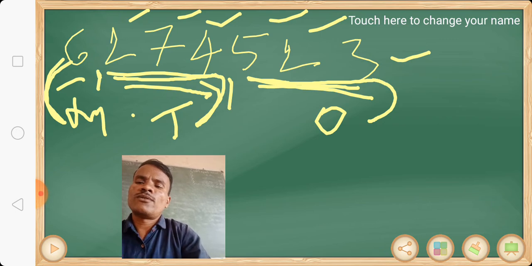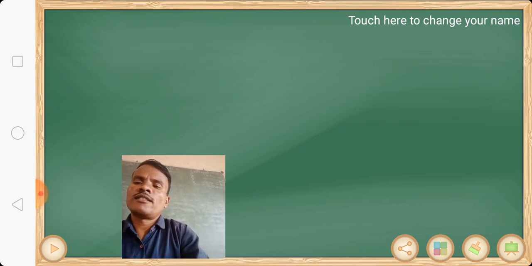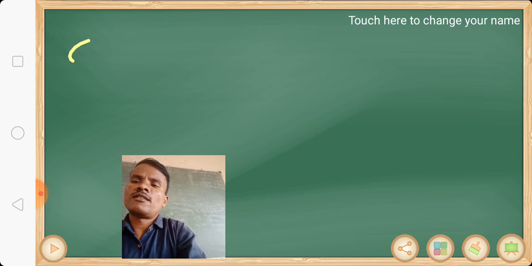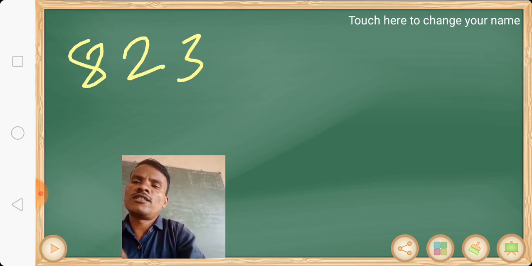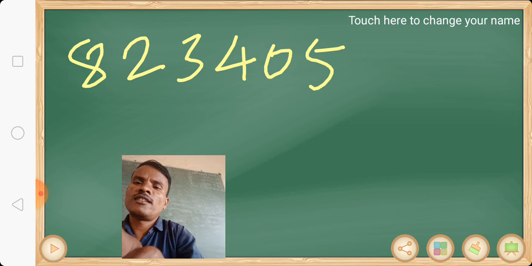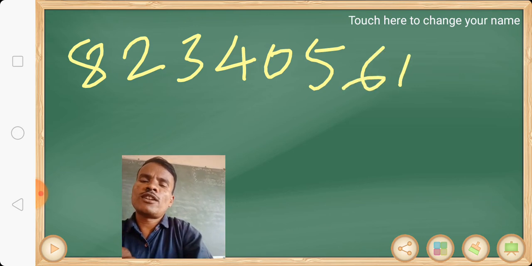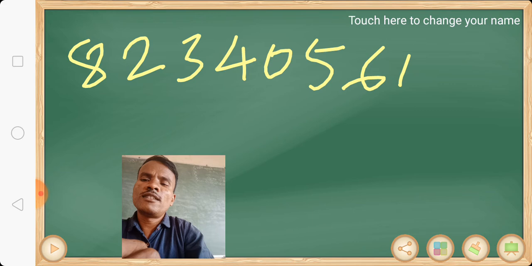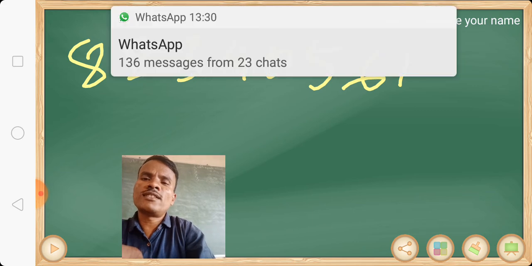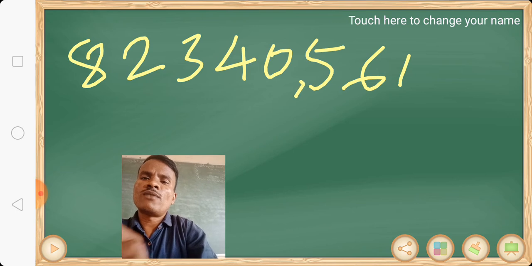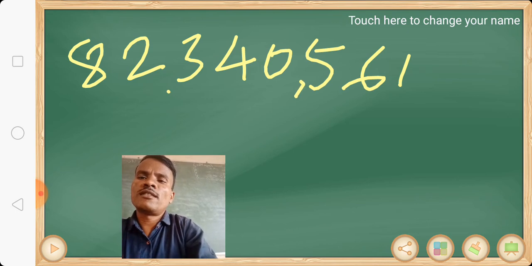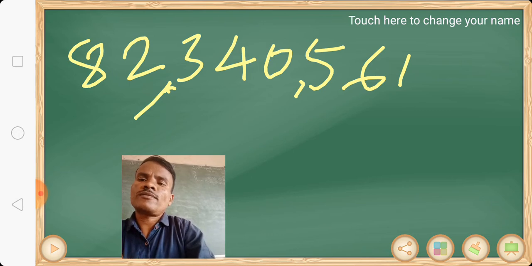Now we go to the next one: 8, 2, 3, 4, 0, 5, 6, 1. For the international system, we have to put a comma for every 3 digits. We should remember that. Here 1, 2, 3, 1, 2, 3, and we put a comma here.